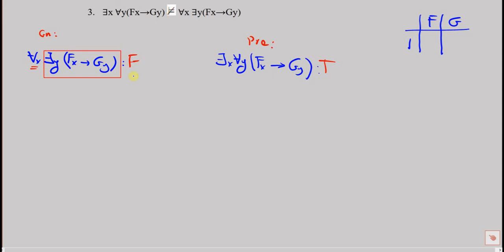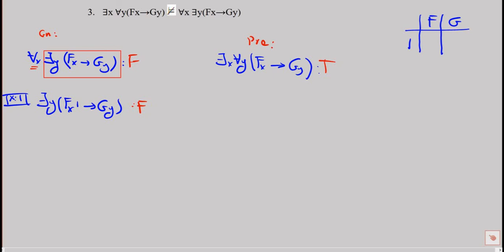We want to make sure that this is false for at least one value of x. Well, at this point there is only one value for x, x1. So let's make sure that the thing in the box is false for that. There is some y, fx1 arrow gy. And our goal is to make this false.